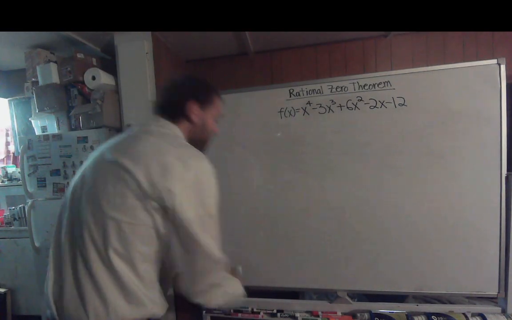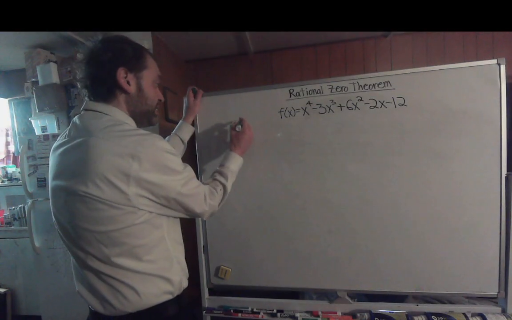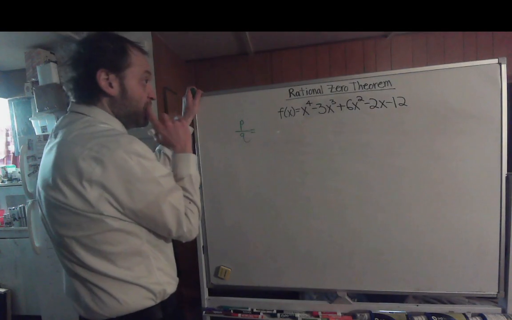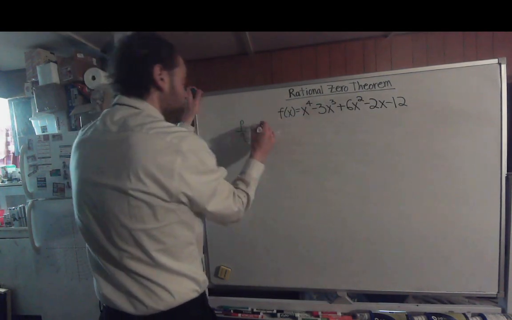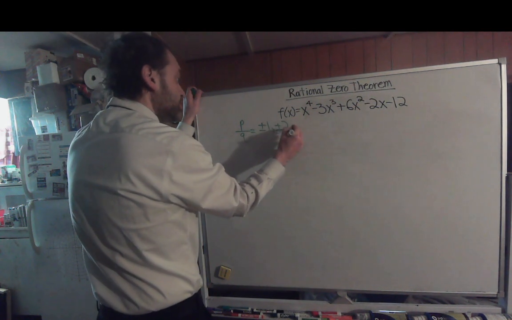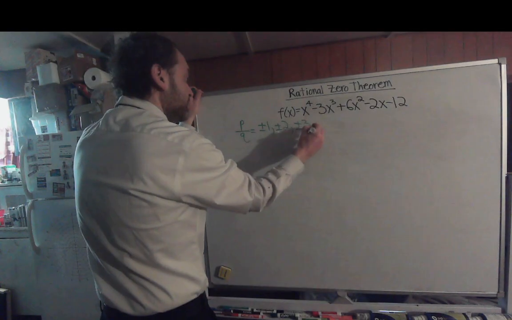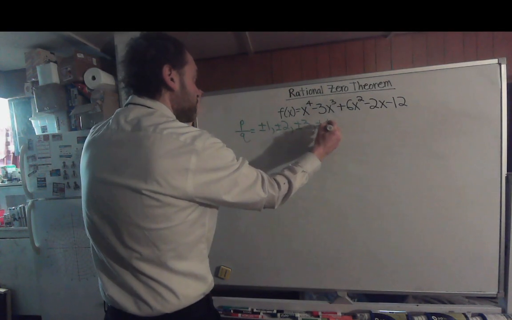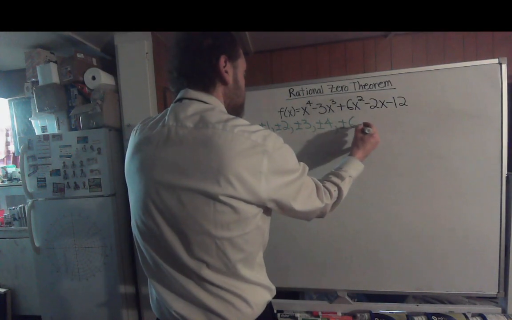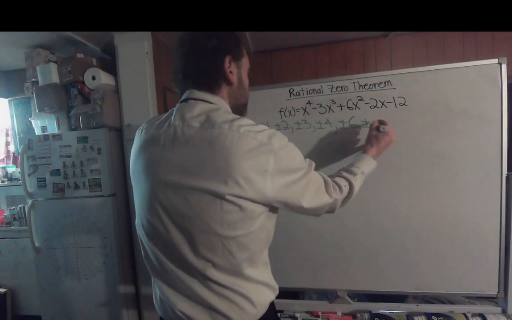So let's set up our rational zeros. So take your p over q. Well, factors of that negative 12, you have plus and minus 1, plus and minus 2, plus and minus 3, plus and minus 4, plus and minus 6, plus and minus 12.